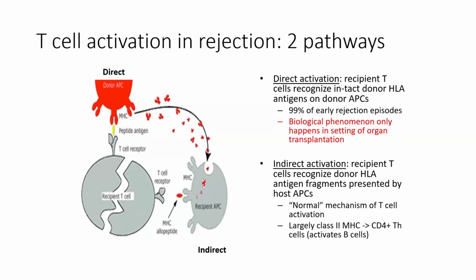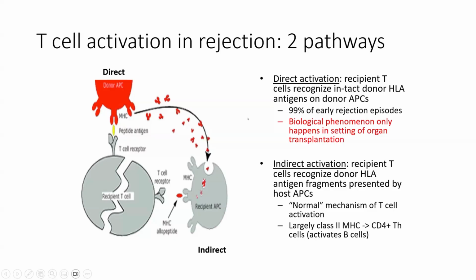That is where your T cells recognize antigens from your own antigen presenting cells, and you activate the CD4 pathway. That's exactly how it occurs in nature, right? You express something foreign, it's presented to a T cell, and the T cell goes down the pathway of activating your immune system. The direct activation pathway is what's unique to kidney transplant.